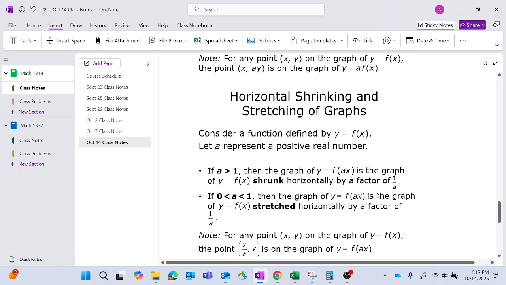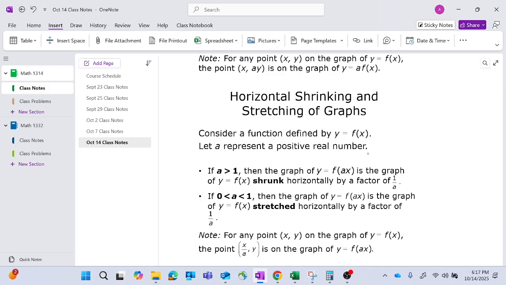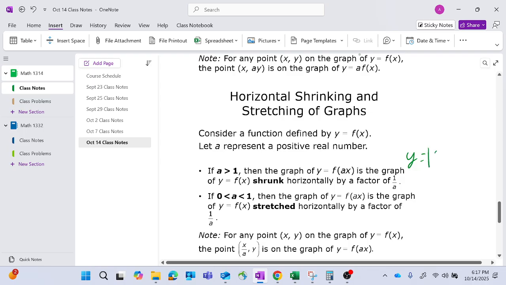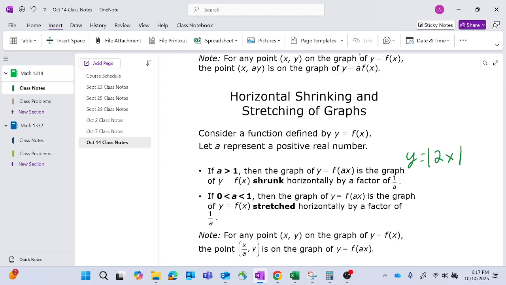Now horizontal shrinking of graphs. I don't like this definition much either, to be honest with you. But there's going to be a kind of graphic at the end, which will explain everything a little bit better than this. But it's the same concept: the number that's multiplying with x is going to be doing the opposite of what you expect. So an example, if you have y equals the absolute value of 2x, this is going to be a horizontal compression.